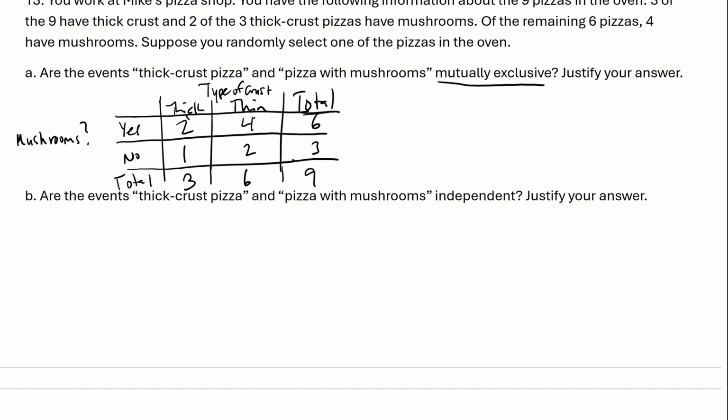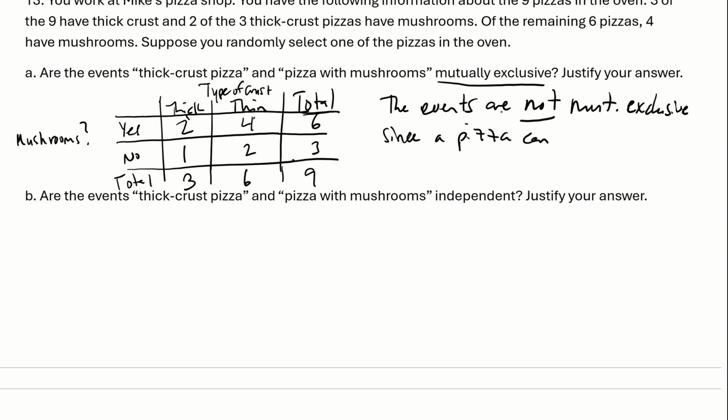You can have both of them at the same time. So the events are not mutually exclusive since a pizza can have both thick crust and mushrooms.